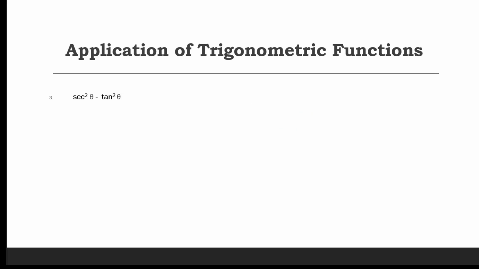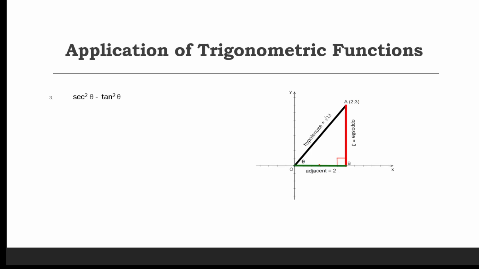And finding the last one, sec squared theta minus tan squared theta. Let's also use the diagram as our source of information. So sec squared: sec is the same as hypotenuse over adjacent, and since it's squared, it will become hypotenuse over adjacent squared.